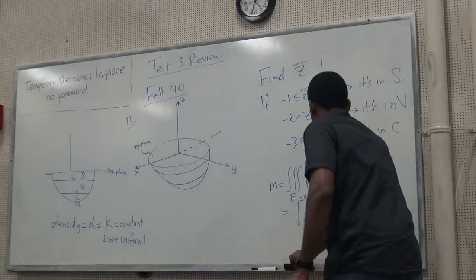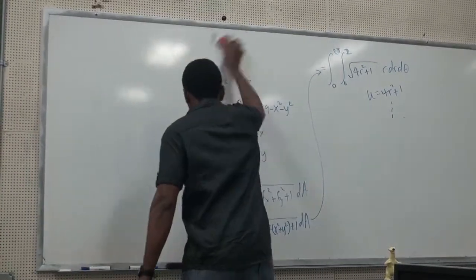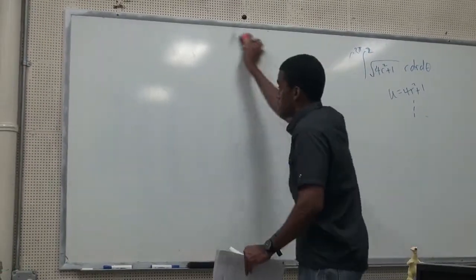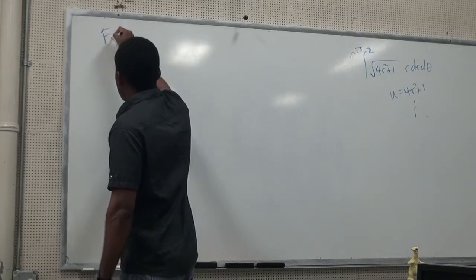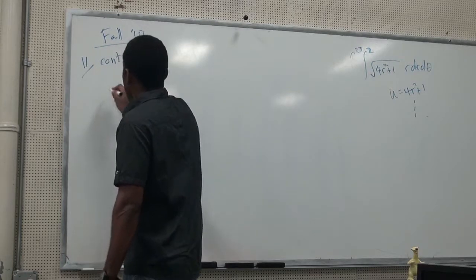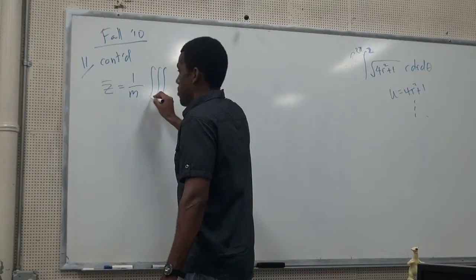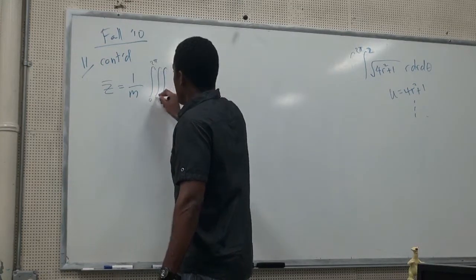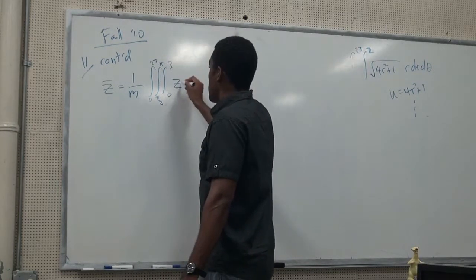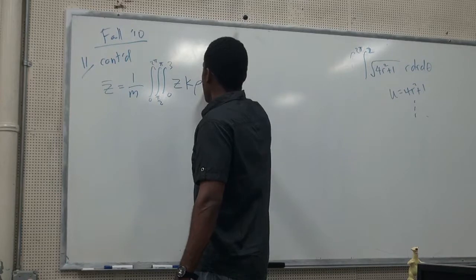And so your Z bar would be 1 over whatever answer you got there times the triple integral of 0 to 2 pi, pi over 2 to pi, 0 to 3 of Z times K times rho squared sine.